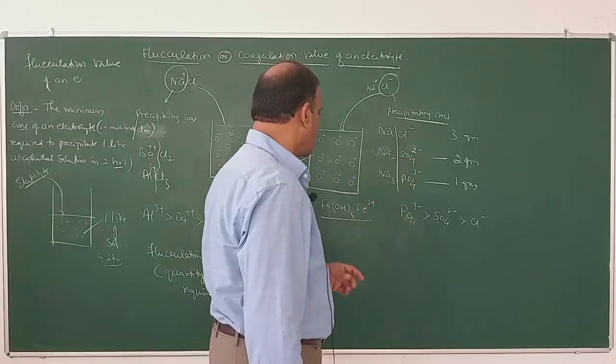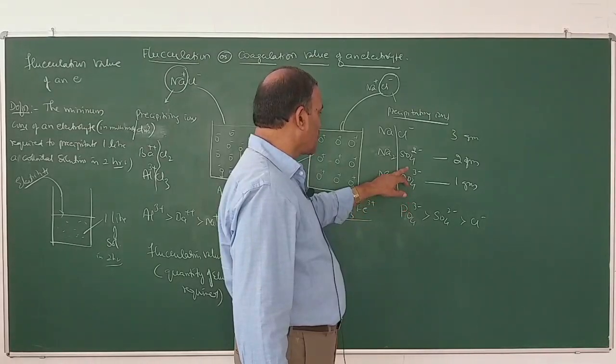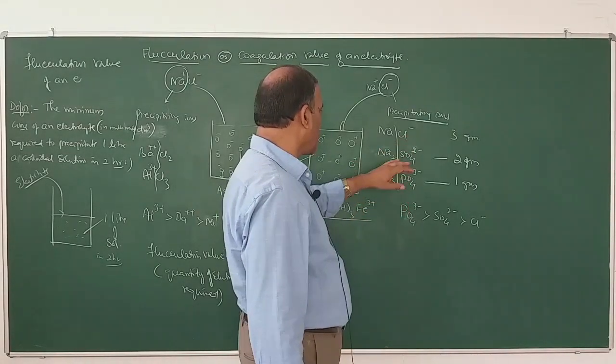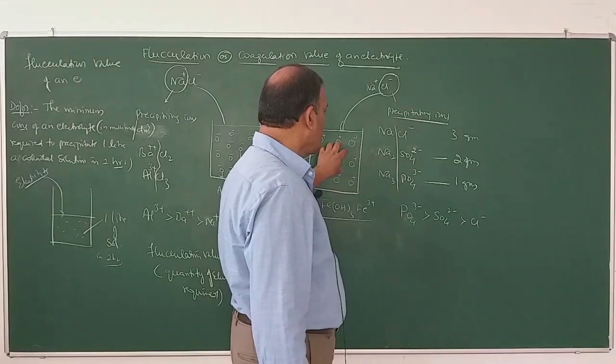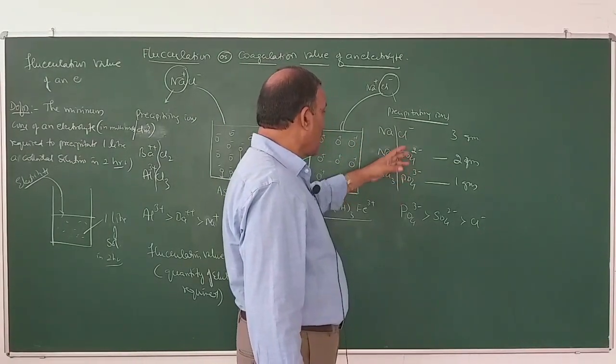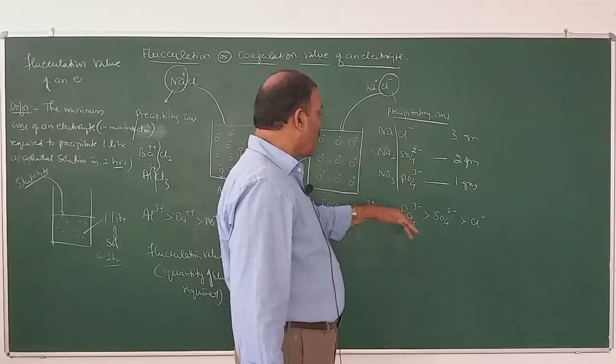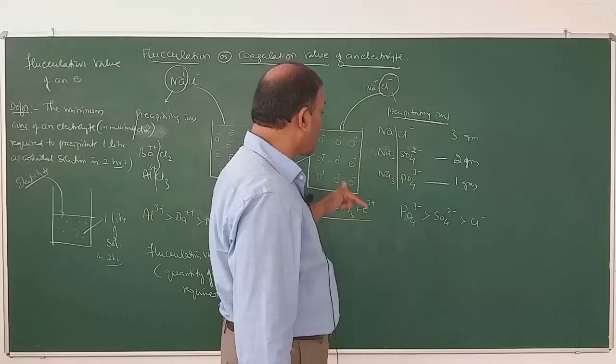This is because the higher the valency of the precipitating ion, the smaller is the amount of electrolyte required.